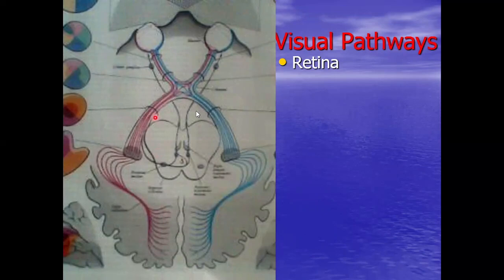Each neuron carries the information from a particular spot of the field of vision, and therefore it is somatotopic. When you look at a picture, that picture is in each of these optic nerves. It is in the optic tract. It's in the lateral geniculate body, projecting to a particular place in the lateral geniculate body.